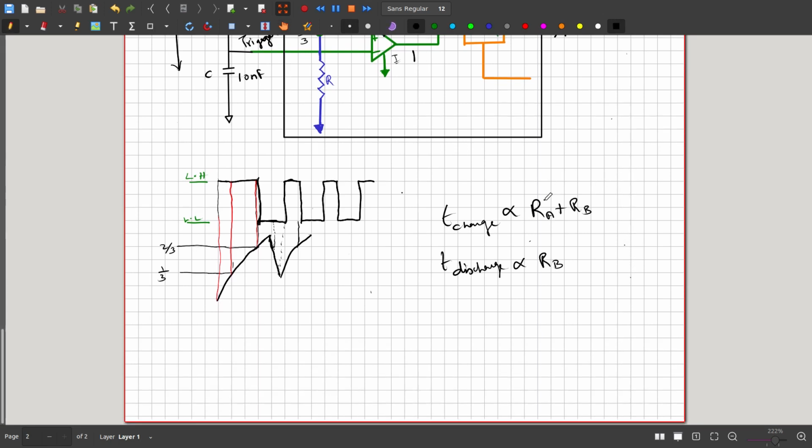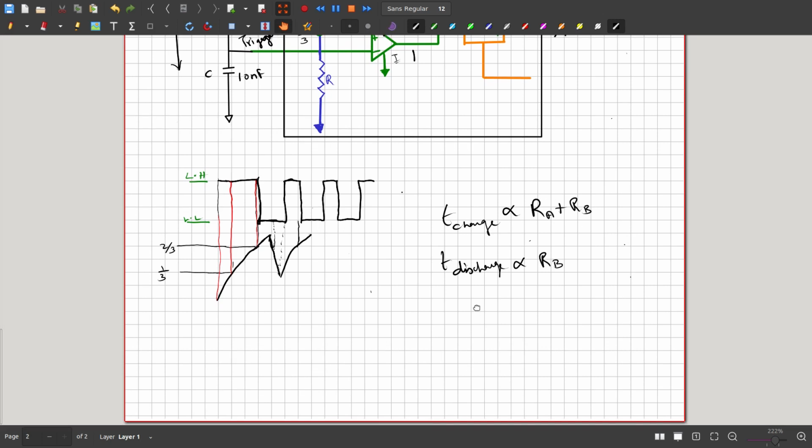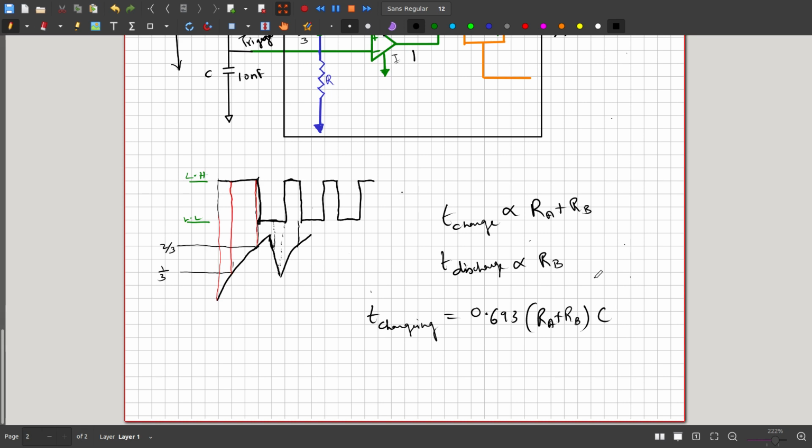So usually the time for charging is equal to 0.693 times RA plus RB into C. Okay, this is the time constant.